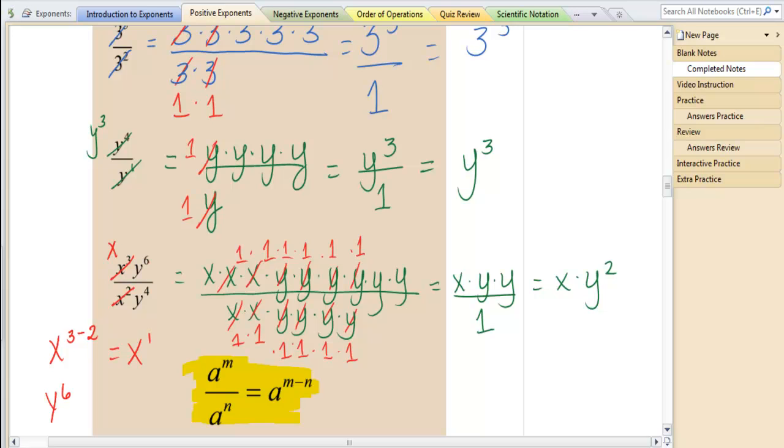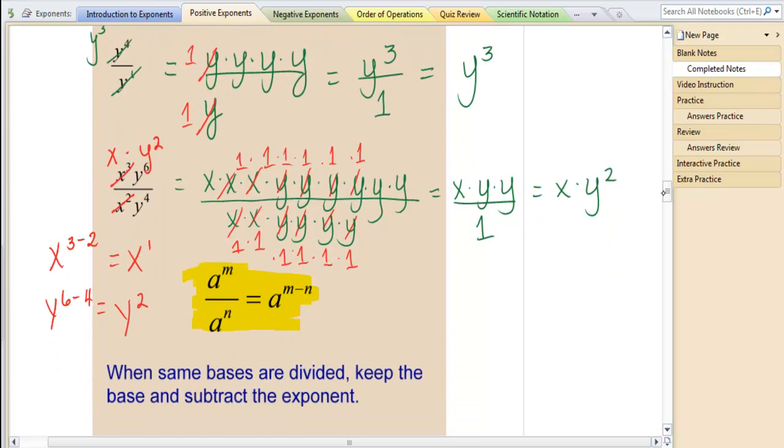The 6 y's in the numerator were canceled by 4 of the y's in the denominator. So we were left with 2 y's in the numerator. So it's because of this canceling that we use subtraction. So when same bases are divided, keep the base and subtract the exponent.